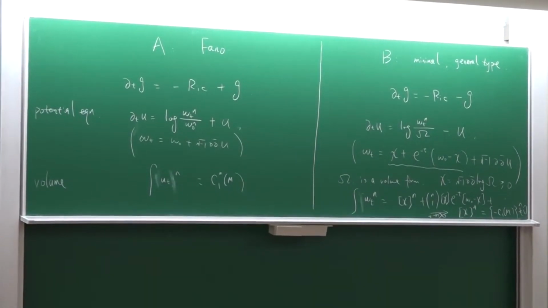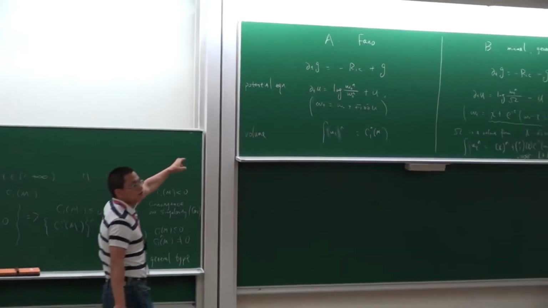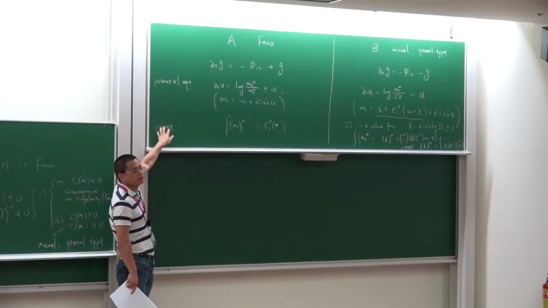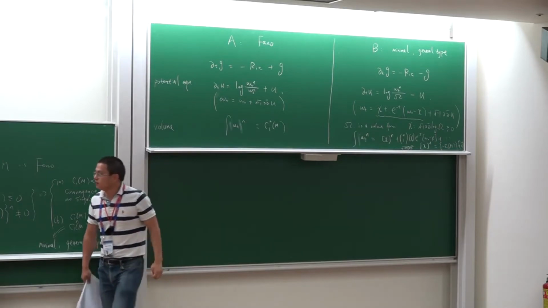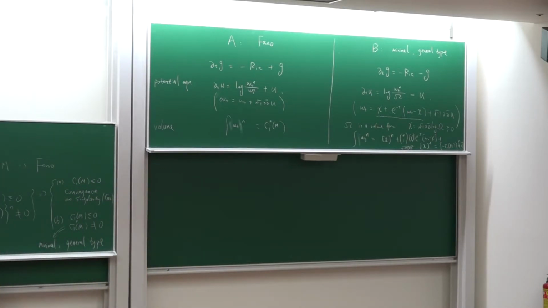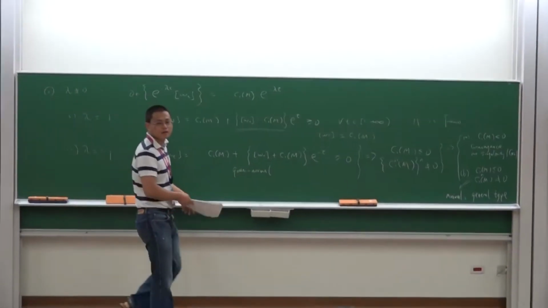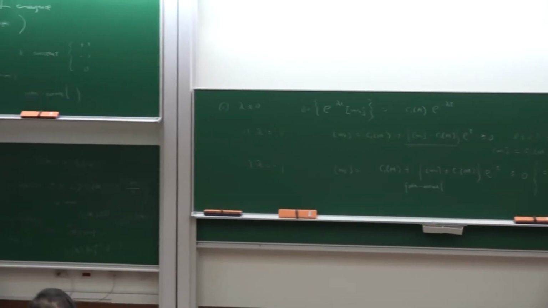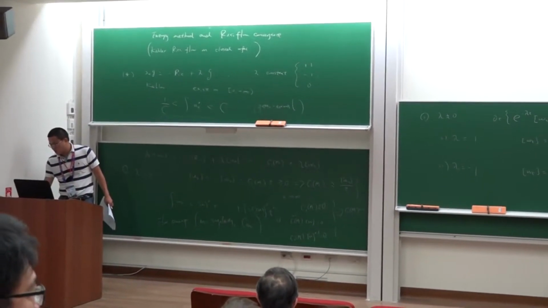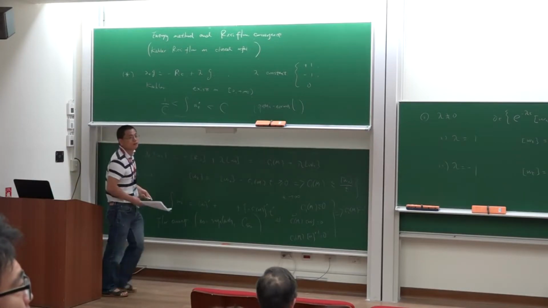Okay. So now we first go through the estimates we can obtain for the type A, the Fano Kähler-Ricci flow, and then by comparing these two Kähler-Ricci flows, we try to obtain the information to study the type B, the general type Kähler-Ricci flow. So now we return to this name: the entropy method and the Ricci flow.